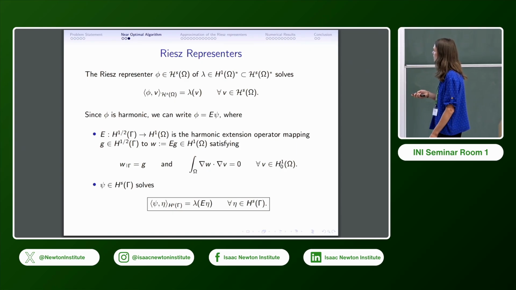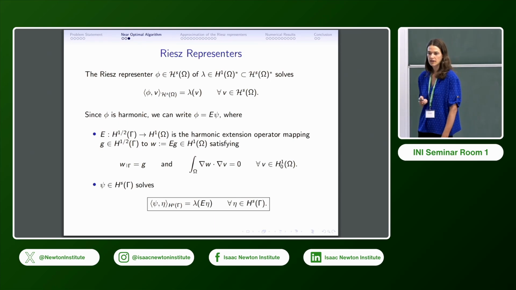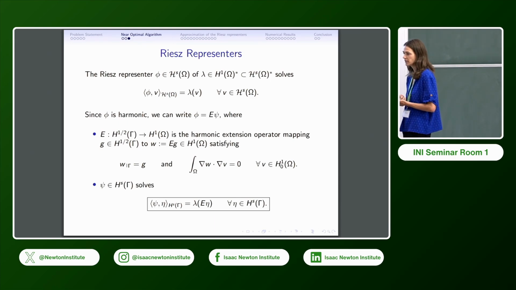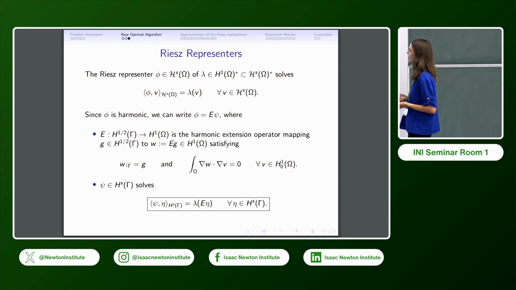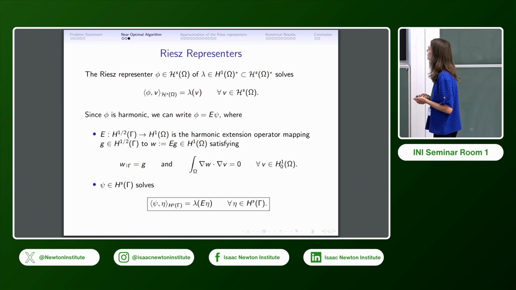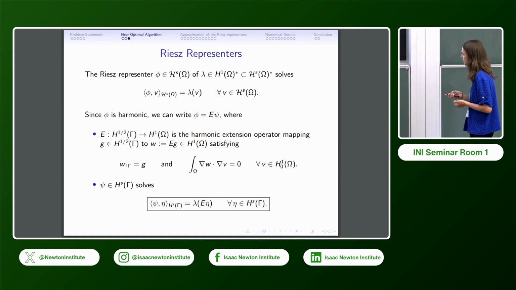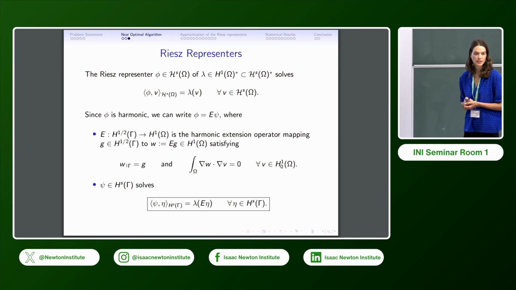And on the right-hand side, we have the measurement functional evaluated at the harmonic extension of the eta. And this has to be true for all the test functions eta in HS. And so the main goal of this work, which is basically an extension or a specification in the case where we are dealing with fractional S, is to approximate the Ritz representer.